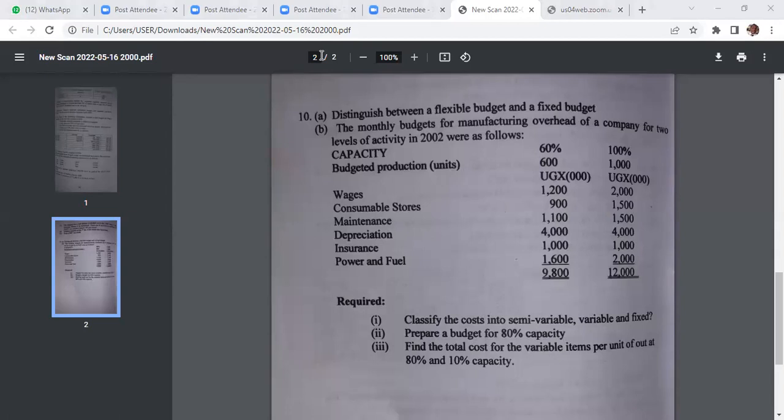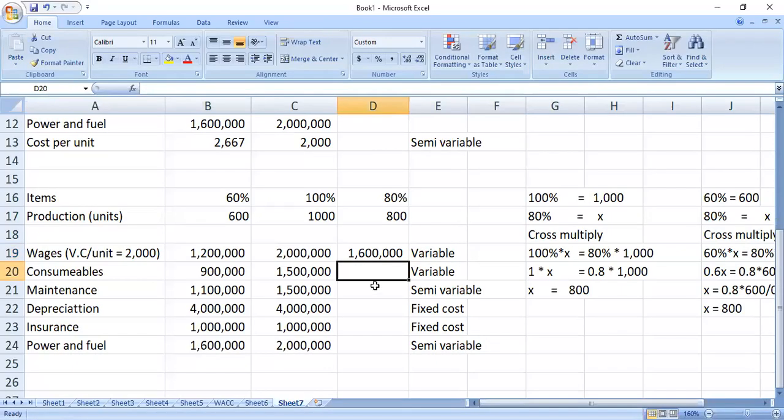Those who are asking what if it's the same variable, you're going to reach there because of the next items down. Okay. Then consumables, you do the same thing. For consumables, a variable cost. That's why we need part A after all.